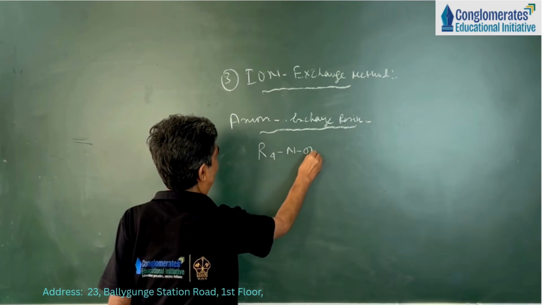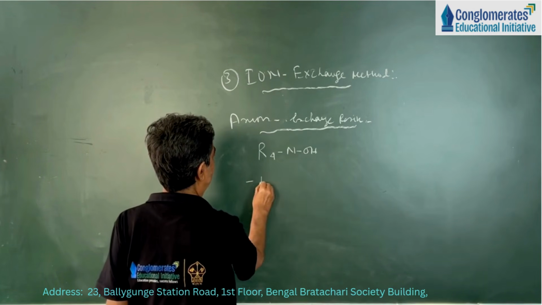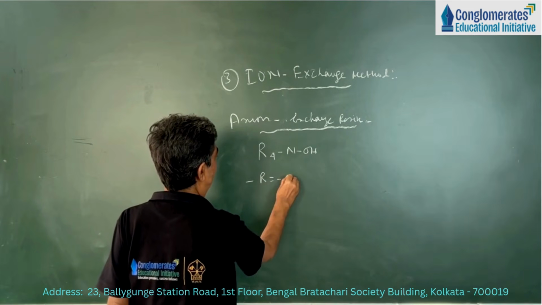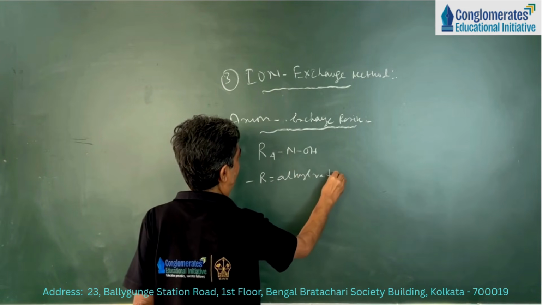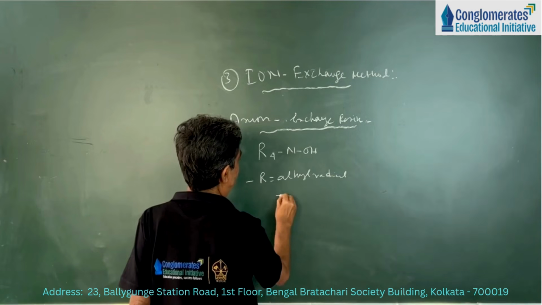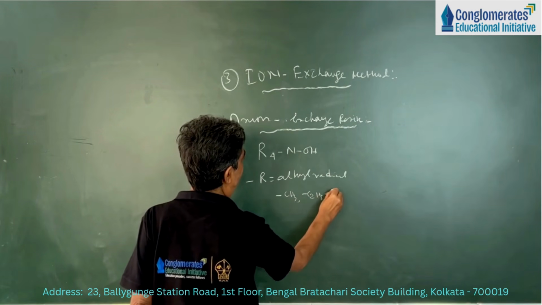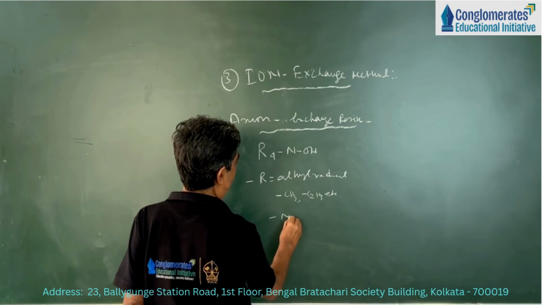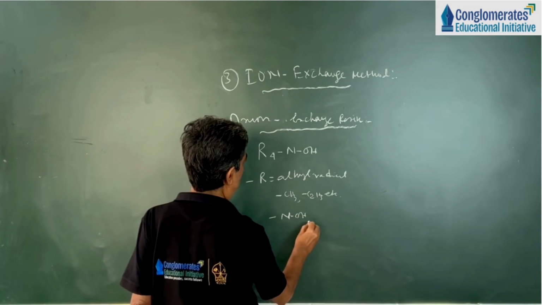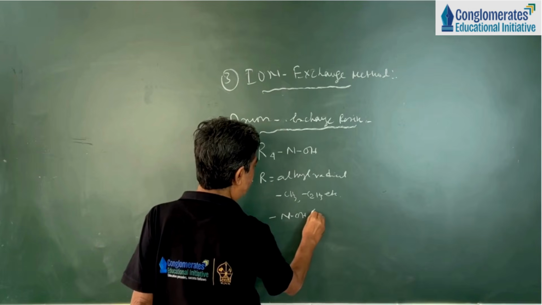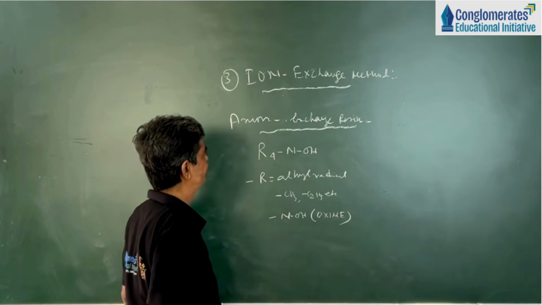Anion exchange resin can be represented as R4NOH. R means alkyl radical, I have already told you, that is methyl, ethyl, propyl, etc. And NOH group is called oxime.